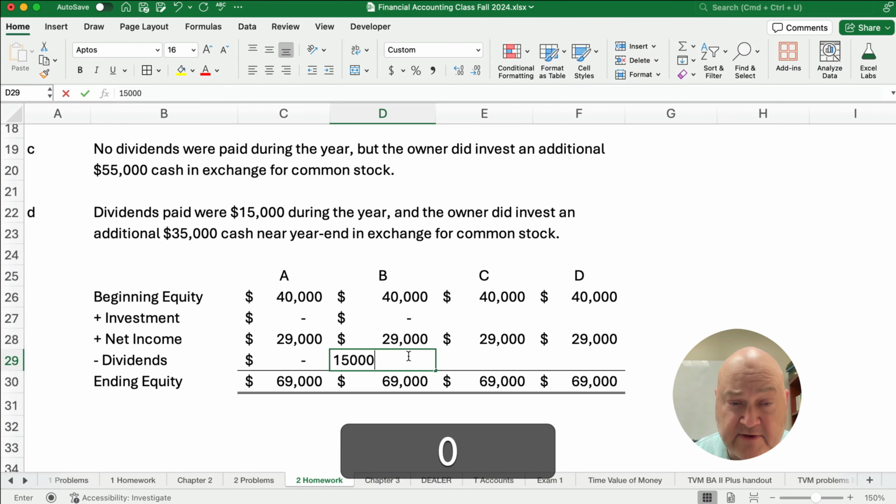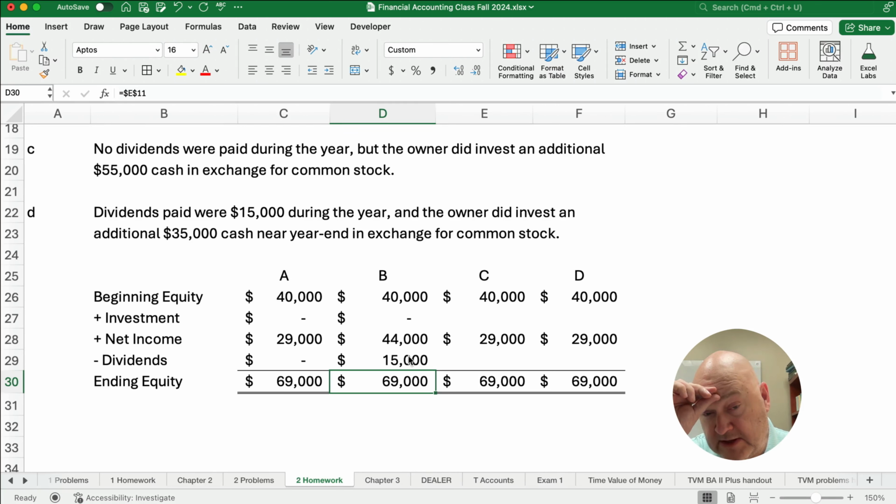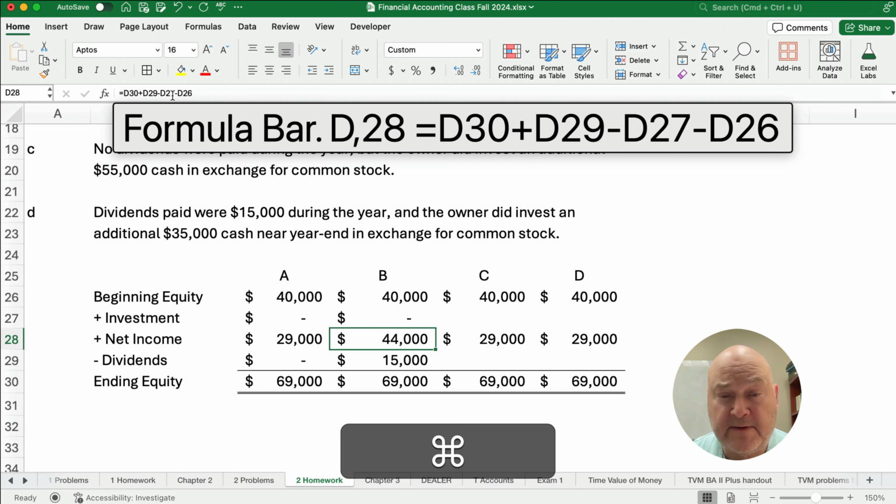So that means we take 40 plus 0 plus 44 minus 15 gives us 69,000. This problem is already built because I did the formula the right way. I've just solved my problem by using a template, and all I have to do is put in new numbers.